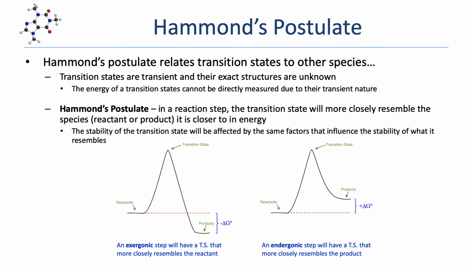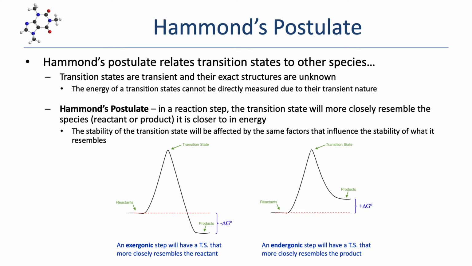Hammond's postulate states that in any reaction step, the transition state will more closely resemble the species it is closer to in energy, that is, the reactant or the product. So here I have a couple of free energy diagrams, one depicting an exergonic reaction and one depicting an endergonic reaction.